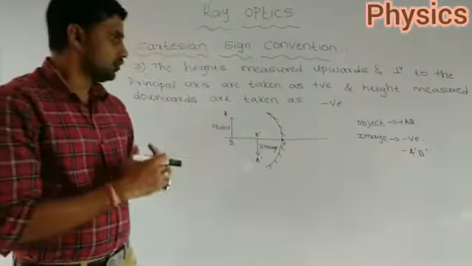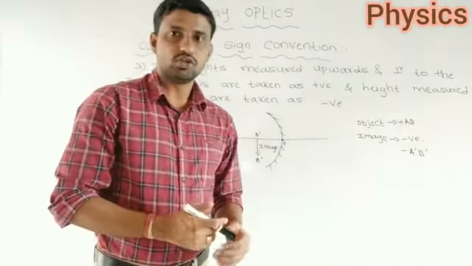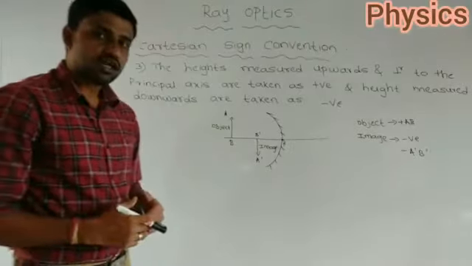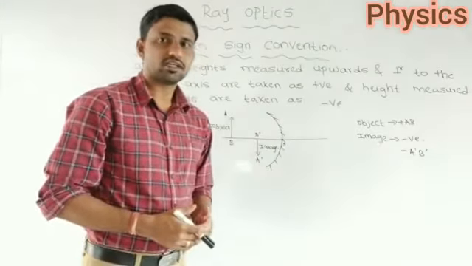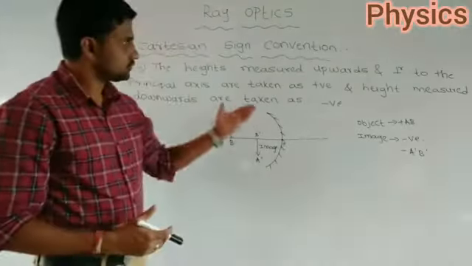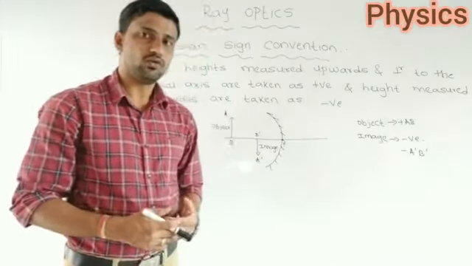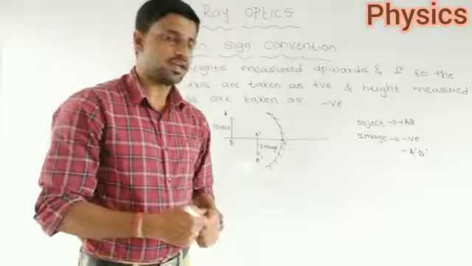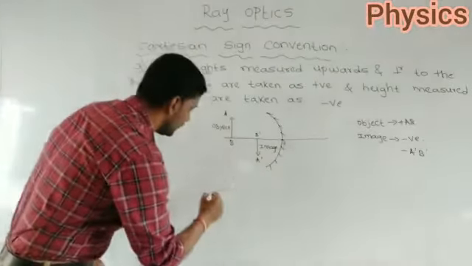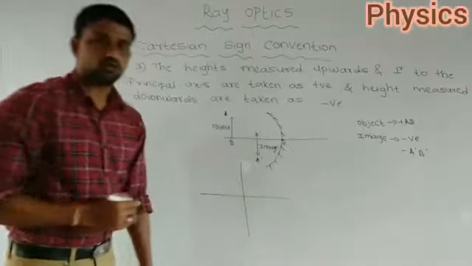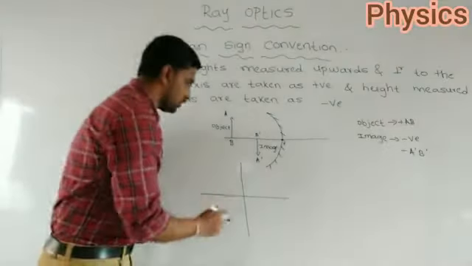Or if you have difficulty in these rules, you can use another easy method also. By using the Cartesian coordinate system also you can measure the sign convention. Now let us see how we can use the Cartesian coordinate system. Suppose you take this Cartesian coordinate system, you know that there are four coordinates.